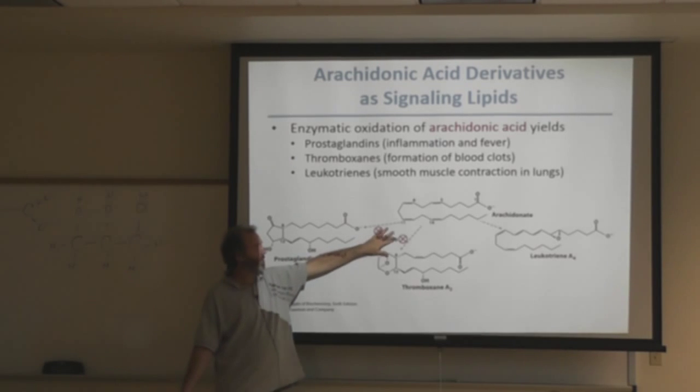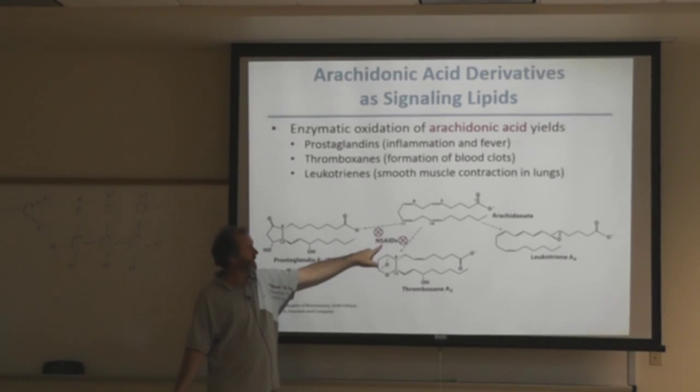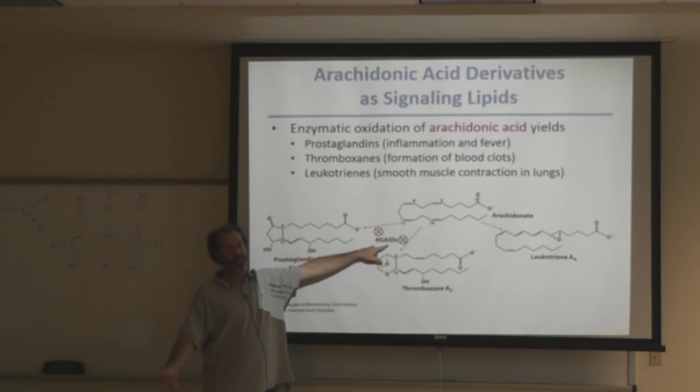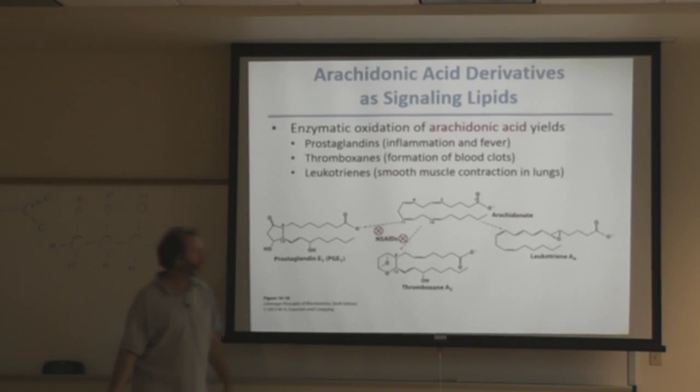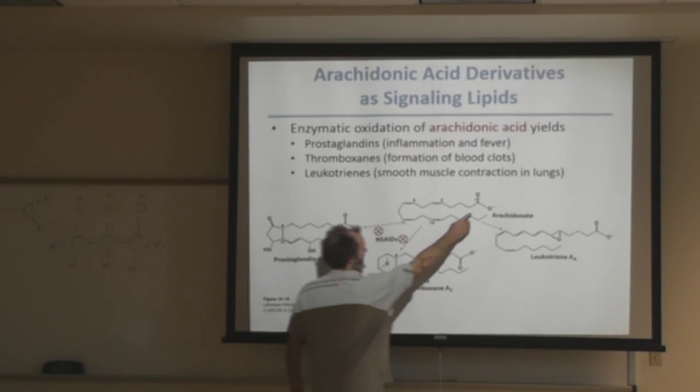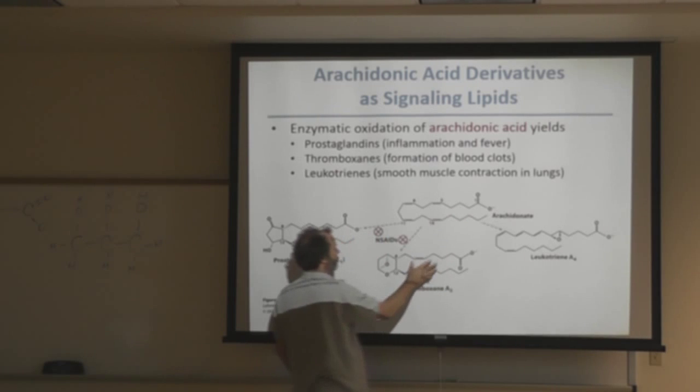And this is where your NSAIDs act, right? So your aspirin, ibuprofen, acetaminophen all act on the synthesis of prostaglandins and thromboxanes from arachidonic acid. You see, this is just a free polyunsaturated fatty acid that is the precursor for all of these.